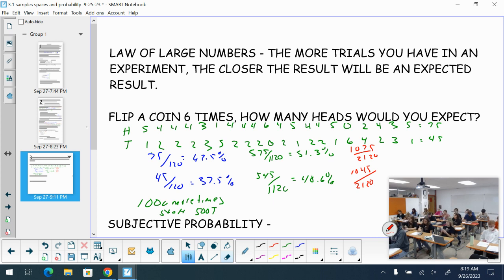We're still 30 apart. What's our percentage now? 50.7% and 49.3%. Getting closer and closer to that 50%, even though we're still 30 off. That right there is the law of large numbers.